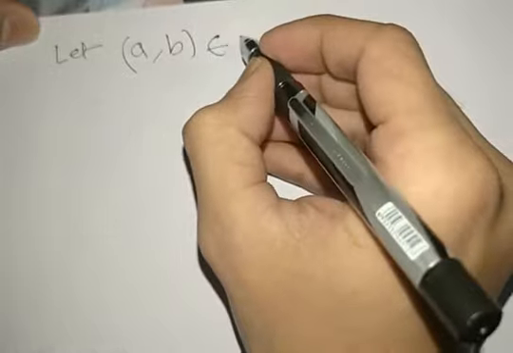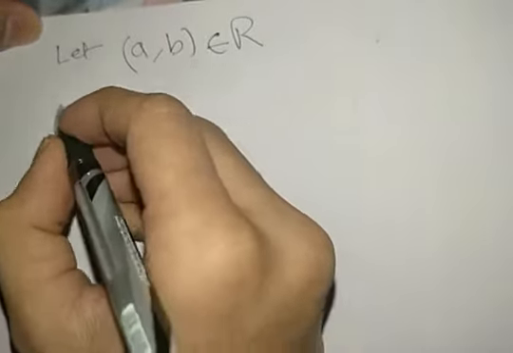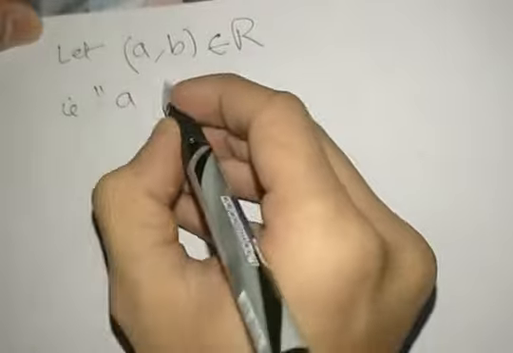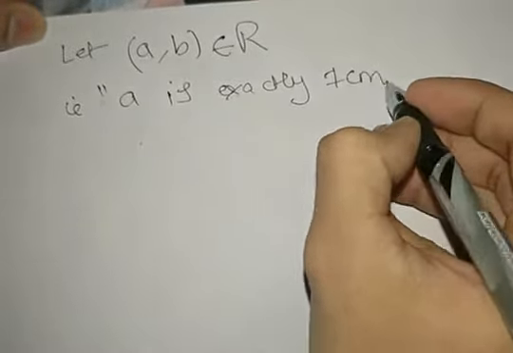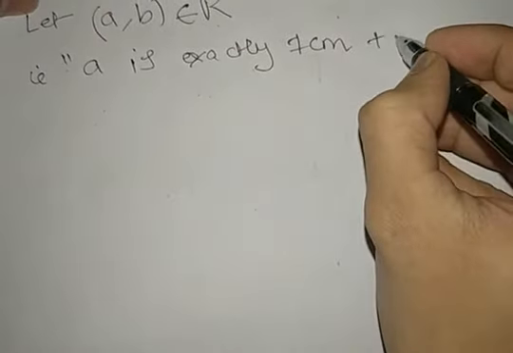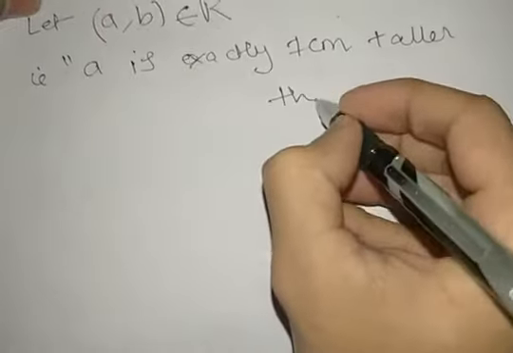Now let us go to the second thing that we want to determine, whether R is symmetric or not. Let (a, b) belong to the set R. That is, a is exactly 7 centimeter taller than b.